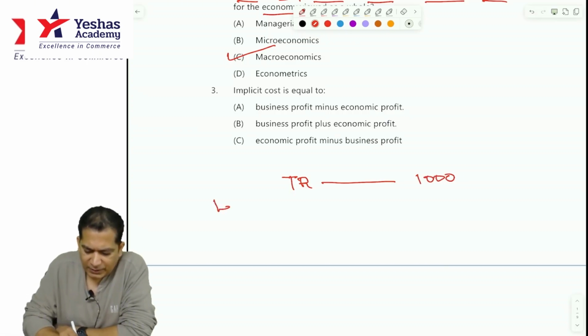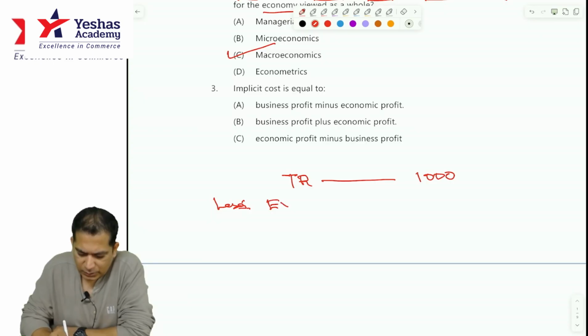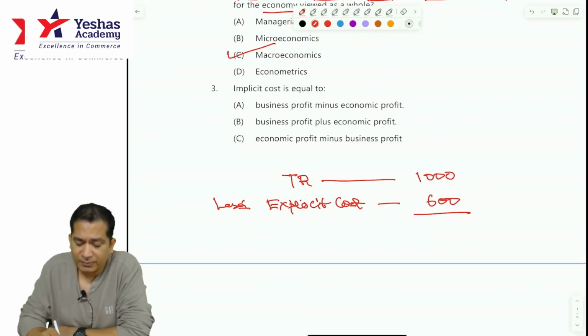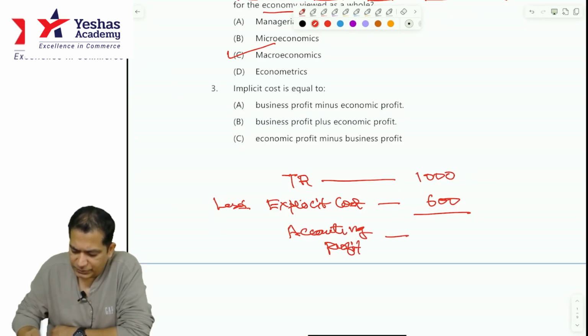From this, if I deduct explicit cost or accounting cost, let's say explicit cost is rupees 600, this will give us what is known as accounting profit of rupees 400.